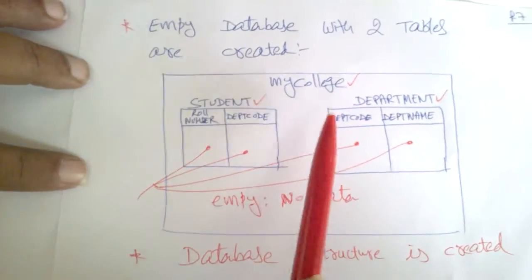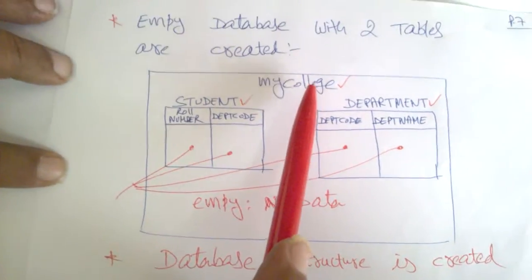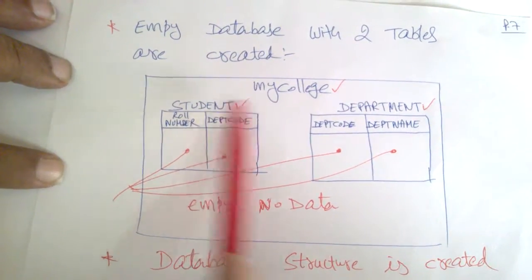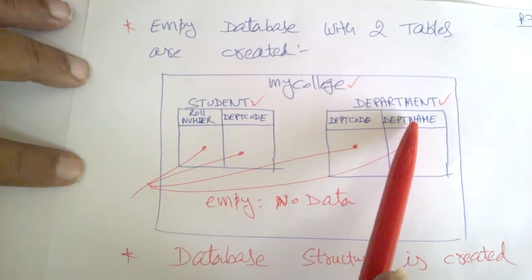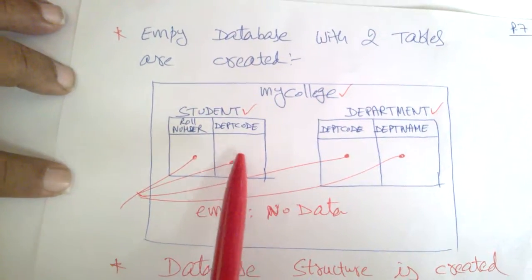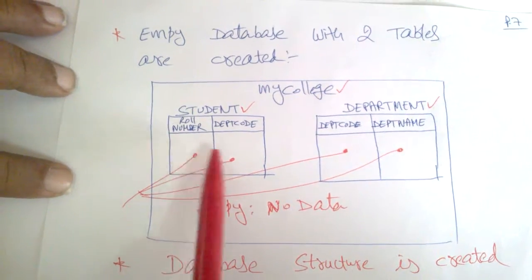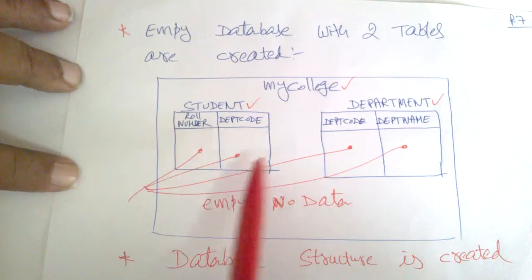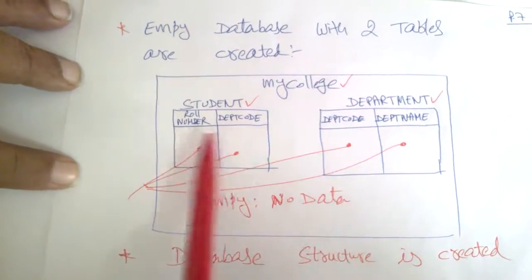In other words, what we have really done is we created the database, we created the department table, and we created the student table, and these are the columns: department code, department name, roll number, department code. One needs to remember that after we do this, the database is really empty. There is no information, there is no data here.